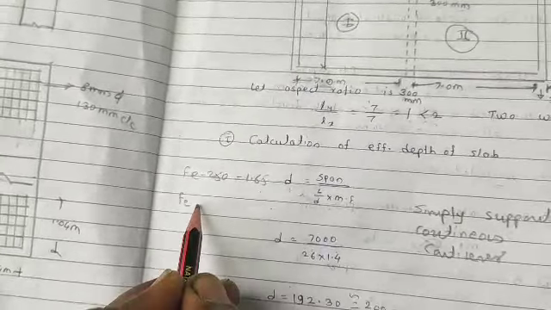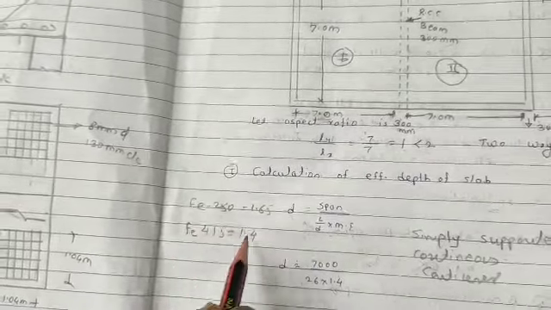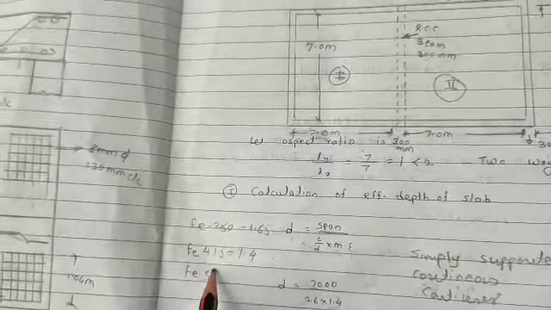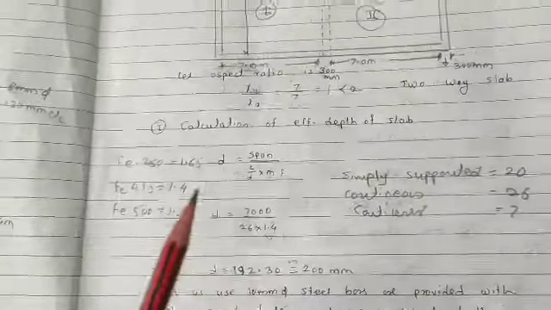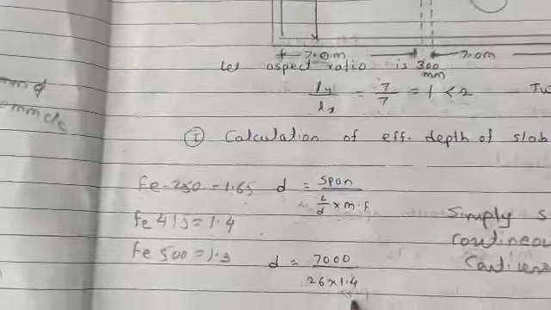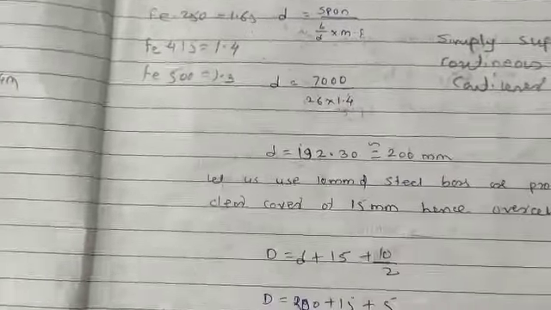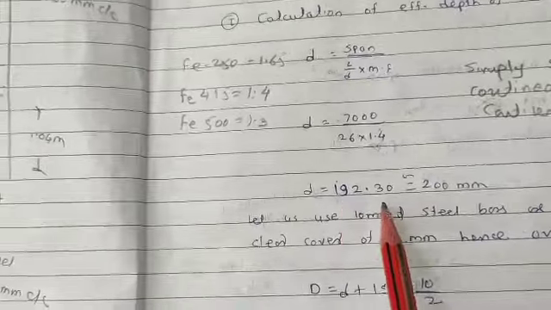If you are using Fe415, the corresponding modification factor is 1.4, and if you are using Fe500, the modification factor is 1.3. So here we are using Fe415 steel, so we have to use modification factor as 1.4. After putting these values, we get the effective depth of the slab equal to 192.30.